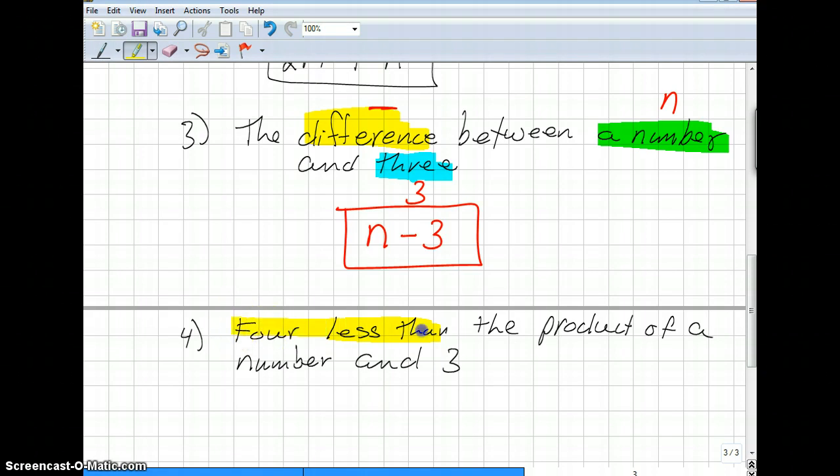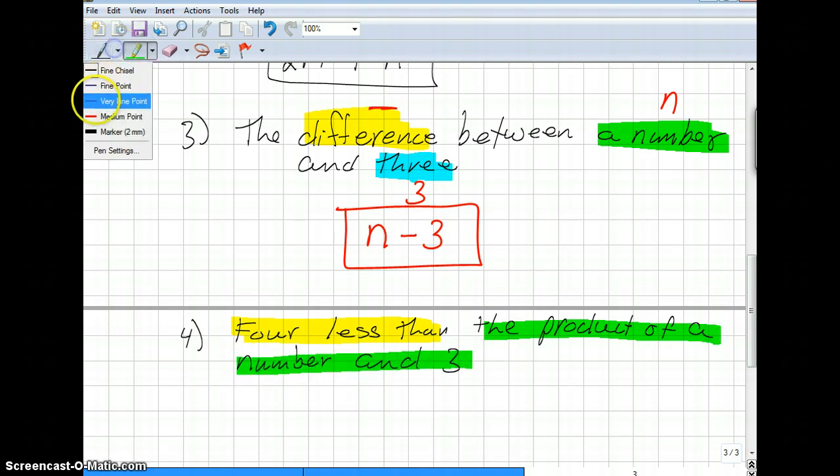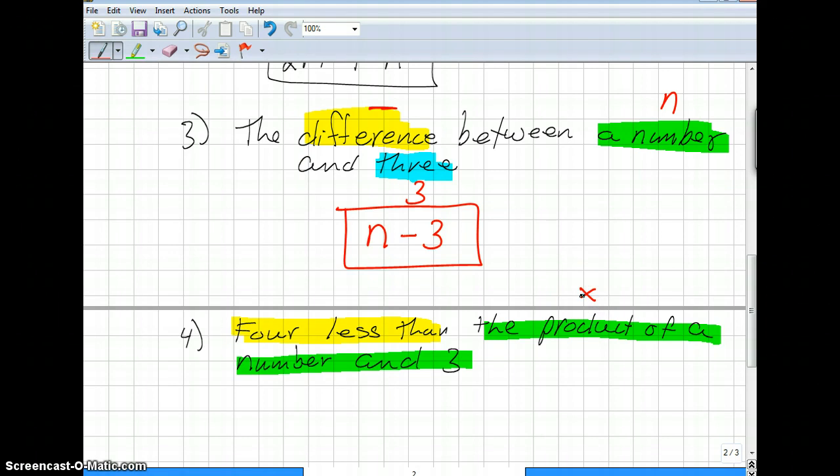So that means that we're going to do this part last, and this part is going to come first. So the product means multiply. So the product of a number is our variable. So the product of a number and 3, so we'll use x this time just to use something different. So that's going to be 3x. And then we want 4 less than that, so it'd be minus 4.